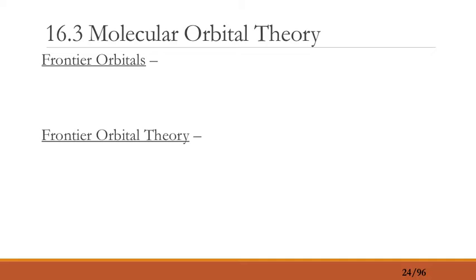All right, frontier orbitals and frontier orbital theory is technically in chapter 22 of your book. Frontier orbitals are going to be considered the HOMO and LUMO orbitals. And the reactions we're going to see for these highly conjugated molecules will occur, as with all reactions, between the HOMO of one molecule and the LUMO of another.